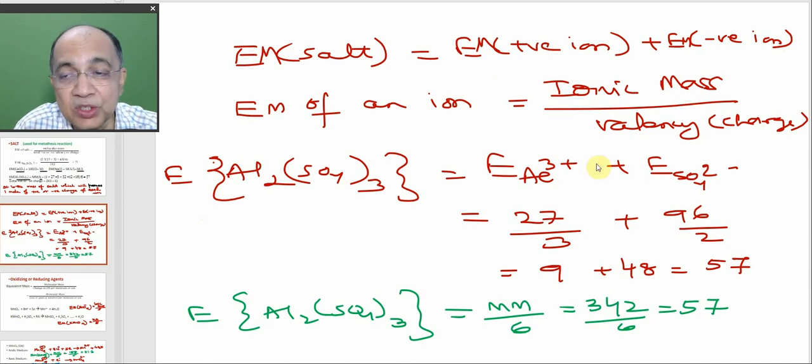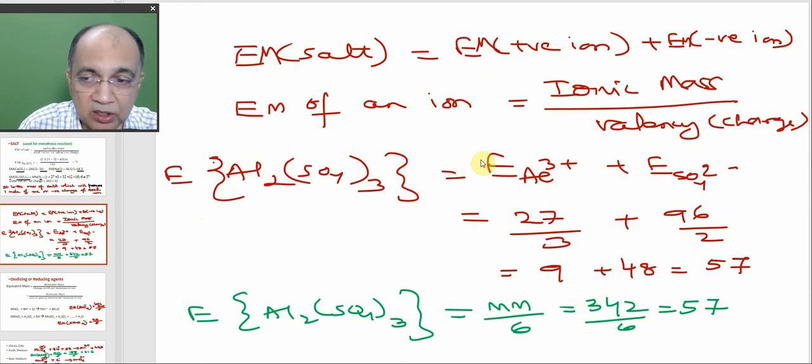We can split into two parts: equivalent mass of aluminum ion and equivalent mass of sulfate ion. The equivalent mass of aluminum ion is 27, the ionic mass, by the valency 3. Plus the equivalent mass of sulfate ion is its ionic mass, 96 by 2. So this is 9, this is 48, it is 57.